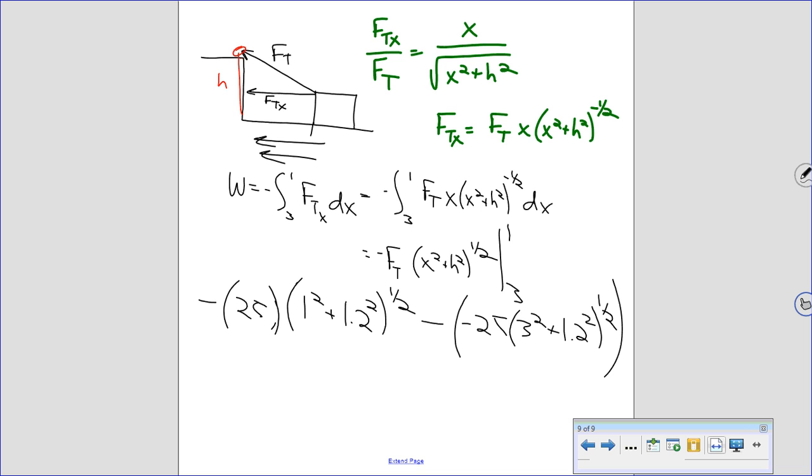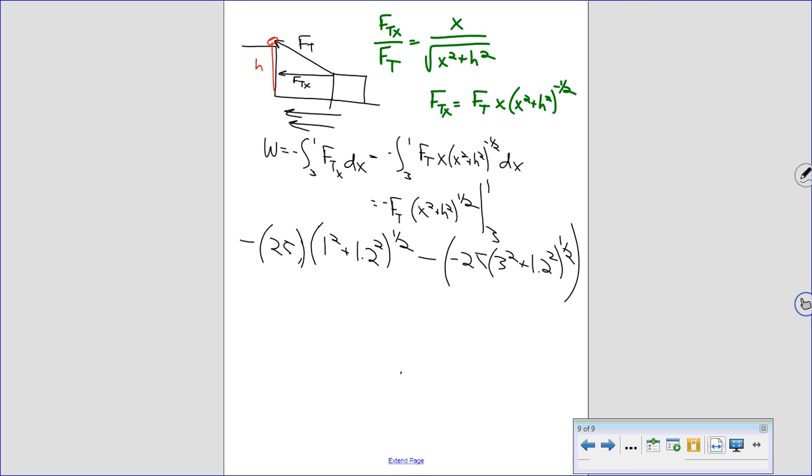So here's how I think of integrals, you guys. I always just think, what thing do I need to take the derivative of that will get me what I started with? Okay? So my train of thought was this. I started out with this thing, F_T times x squared plus h squared to the negative 1/2 power, right? So I took the derivative of something, some mess, and I ended up with this, right?